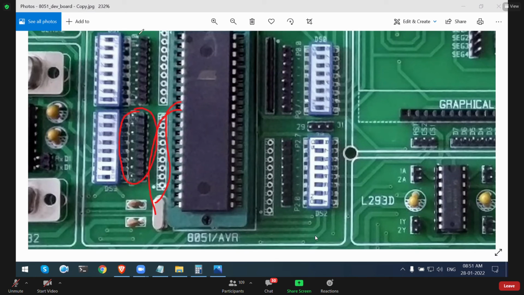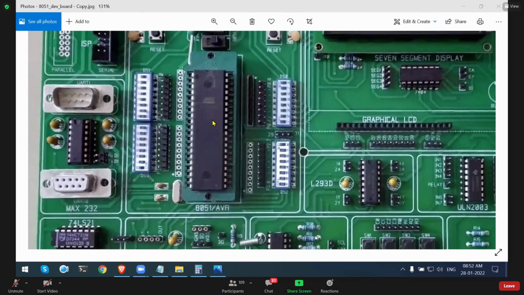The external crystal pins are directly connected to pins 18 and 19 of the microcontroller. It is connected on the board itself.